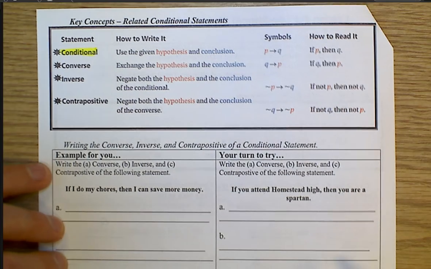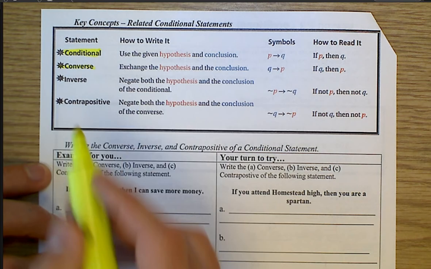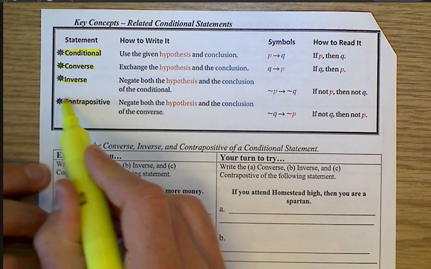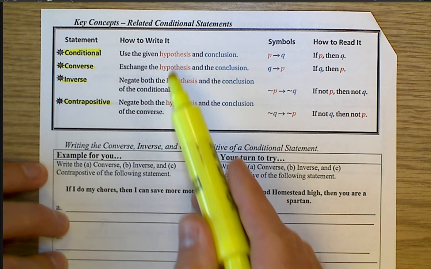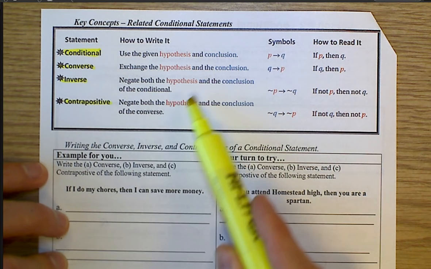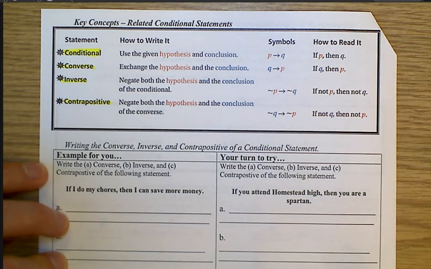Now we're going to talk about the next 3. You have the converse, the inverse, and what's called the contrapositive. A lot of students look at the symbols, and it usually makes more sense for them, and then they go to how to read it.